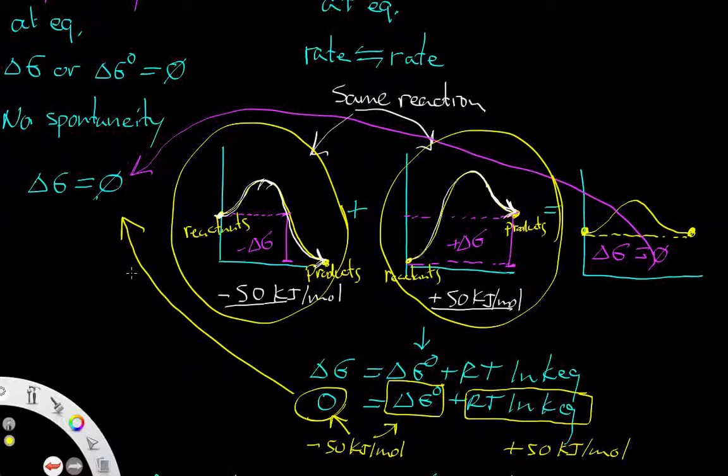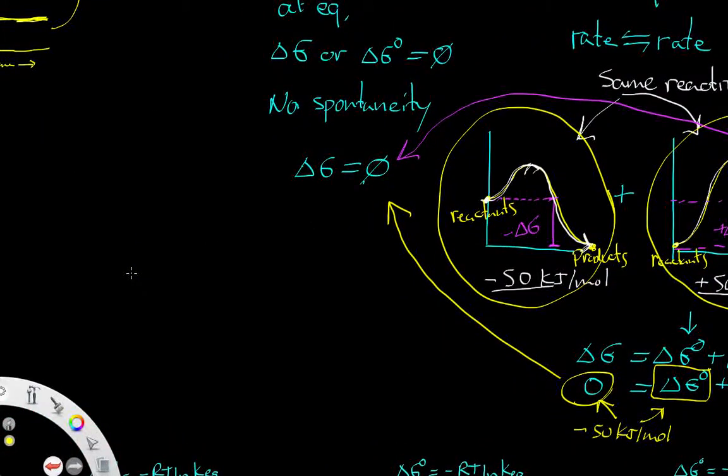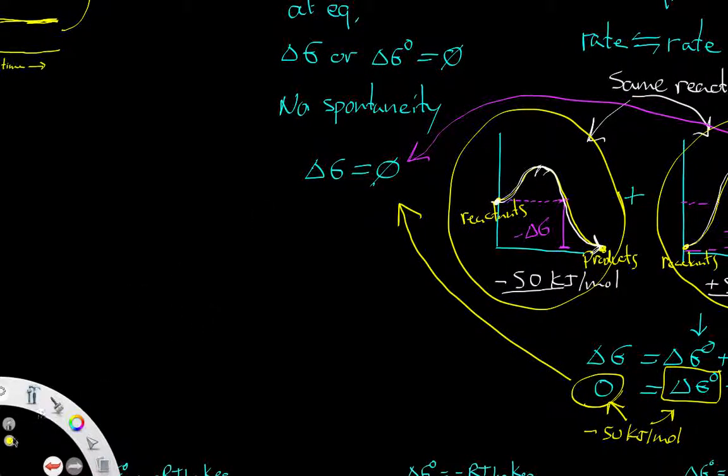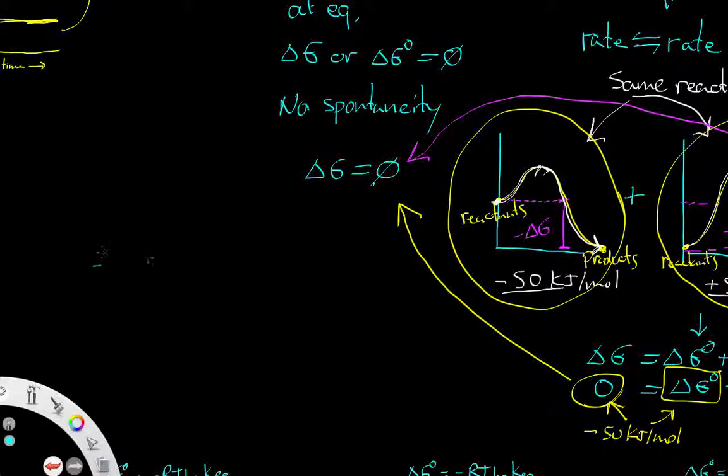So anyway, let's just keep moving forward and show some additional reactions and demonstrations of this. So let's just see here, show our equation again. So remember, at equilibrium, our delta G is going to equal 0.